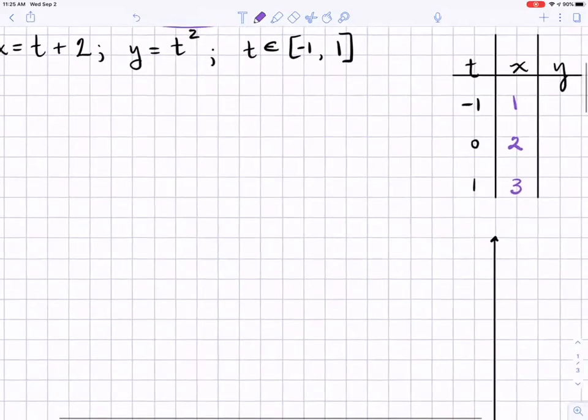Let's do the same thing for the y's. Plug in a -1 for the t on the y equation, and you get 1. Plug in a 0 for the t, y is 0. And then plug in a 1 for the t, y is 1.